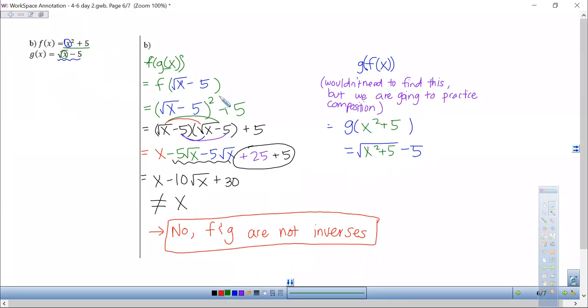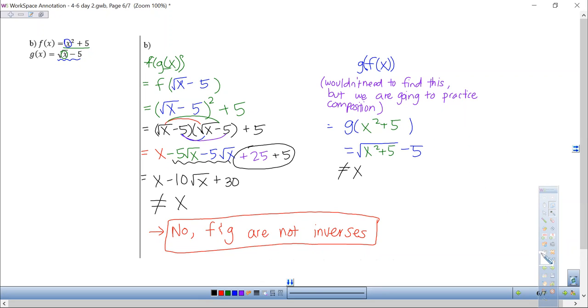Okay, so just like here, the square didn't undo the square root the way that it should have. I can't undo here either. So I actually cannot simplify this. So this is the final answer, which is also not x. So that one would have been the easier one to do first because it had a lot less work.